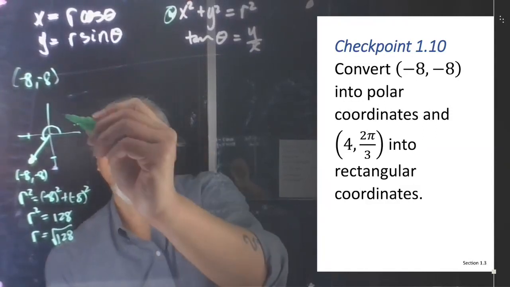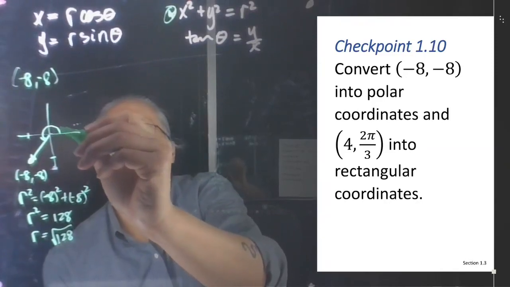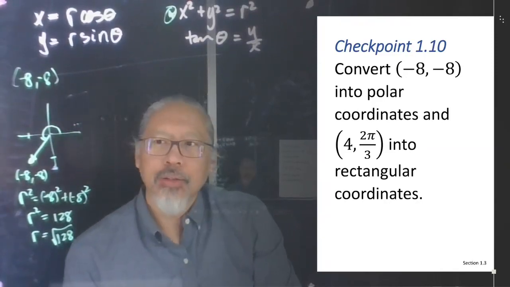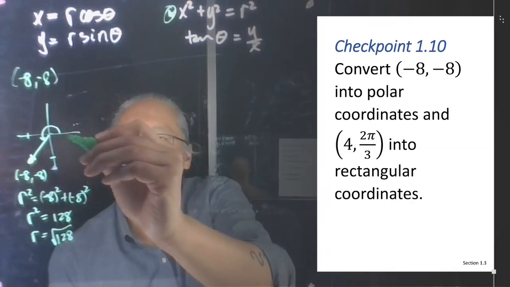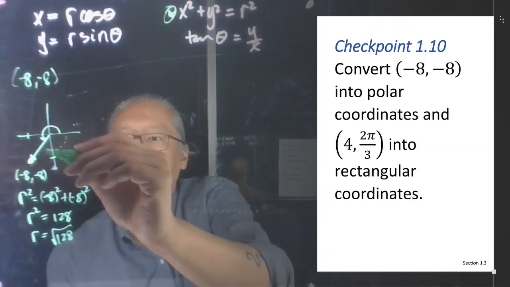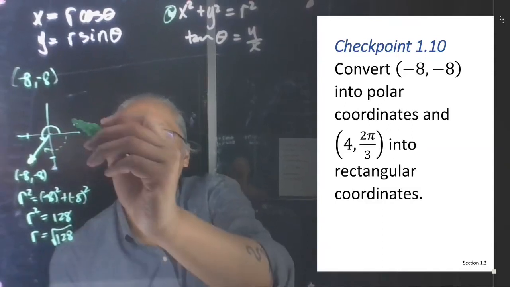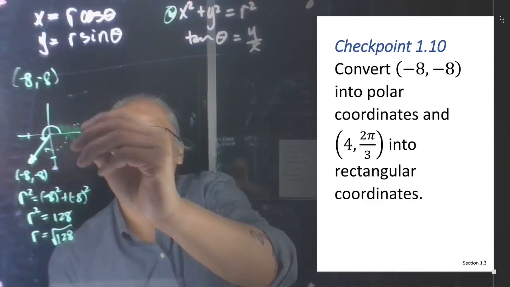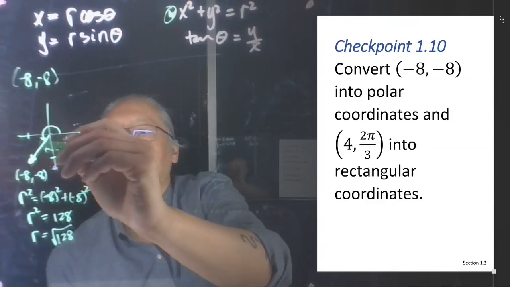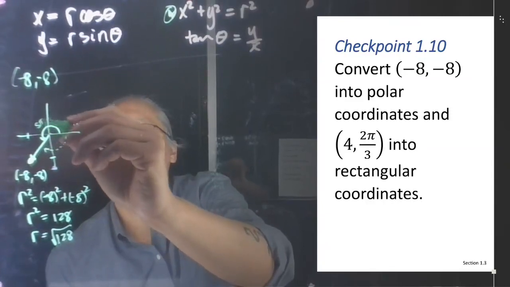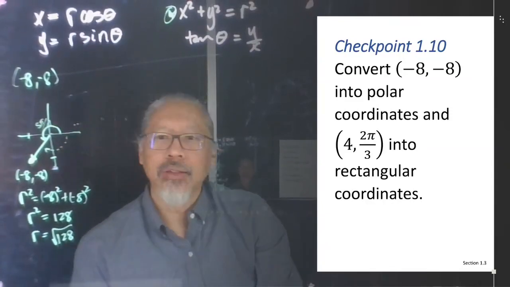And then the theta is the angle here in the third quadrant. We can express it as an angle going from the negative side or the positive side. I think it's easier to look at it from the positive side. So we'll go π/4, 2, 3, 4, 5π/4 is the angle.